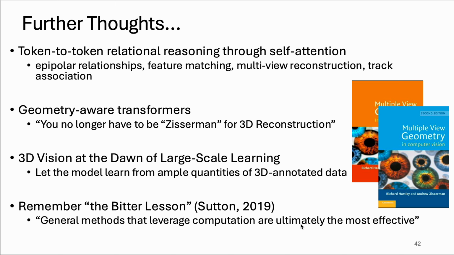Last, we may need some further short thoughts. In summary, it looks like this token-to-token relational reasoning through self-attention is able to discover these epipolar relations, feature matching, multi-view reconstruction, track associations.